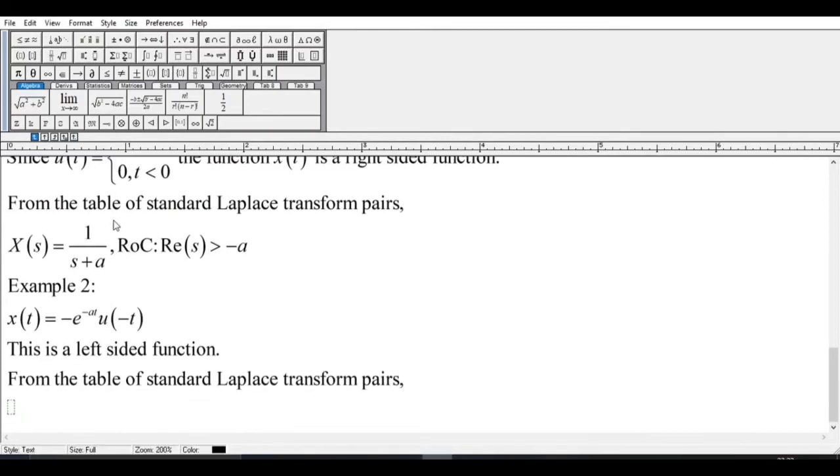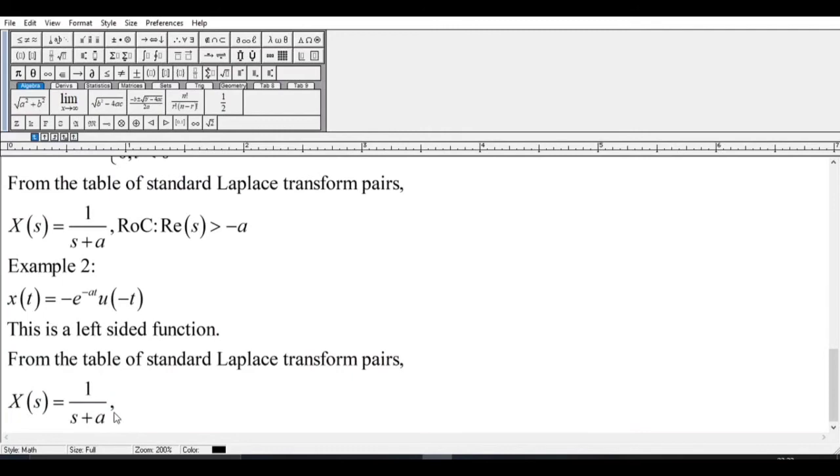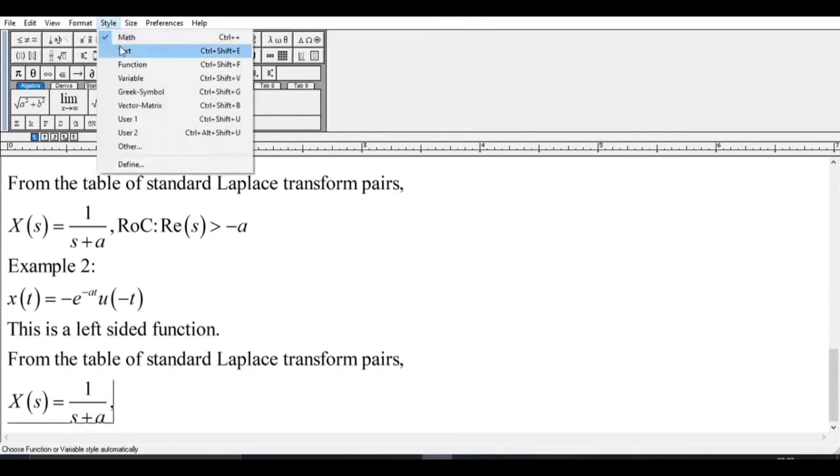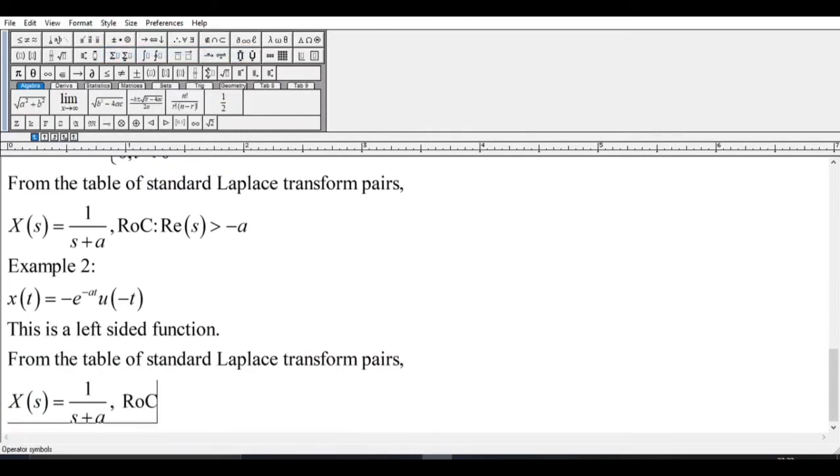And from the table, X of s becomes 1 by s plus a, same as before. But because the function is left-sided, now the ROC is going to be real of s less than minus a. It is of the form real of s less than sigma minimum.